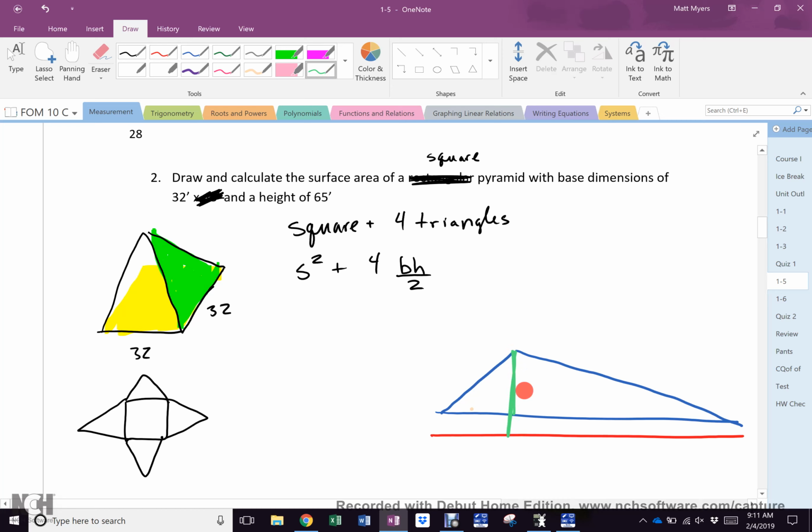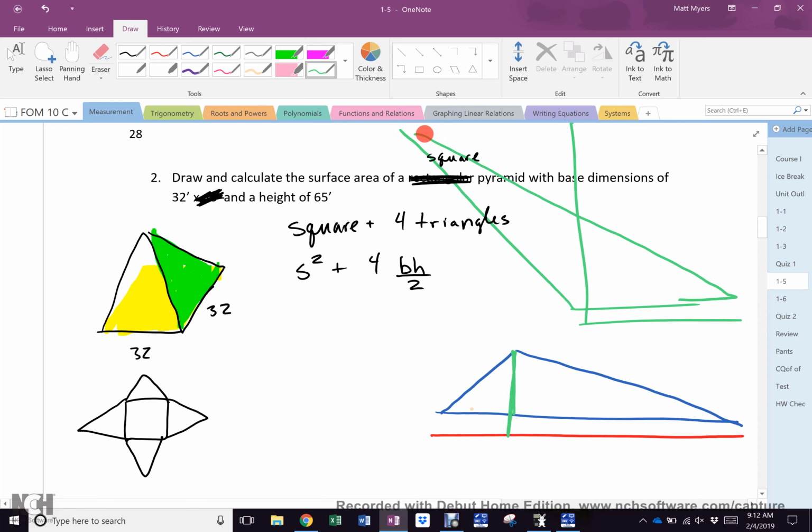Everybody cool with that? Now, what if I turn this triangle over and I draw it this way? Could you say that's the base? But then the height would be straight up to there, right? That doesn't really work, does it? So where would you say the base is in this green one? You would say that's the base and that's the height. Why is that the base?